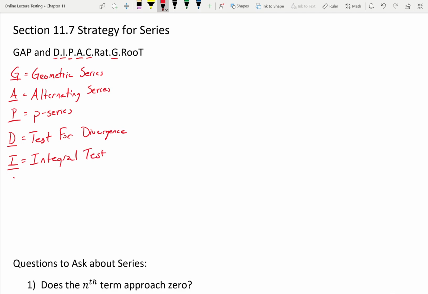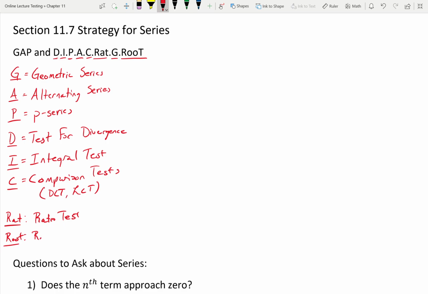The C is coming from the comparison test, so we have the DCT and the LCT, the direct comparison test and the limit comparison test. The RAT obviously should be coming from the ratio test. And the root in Groot is coming from the root test. So that one is not as hidden, but there you go.